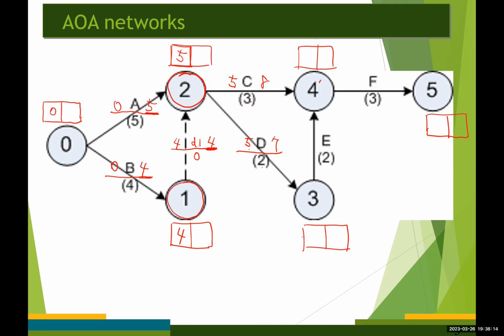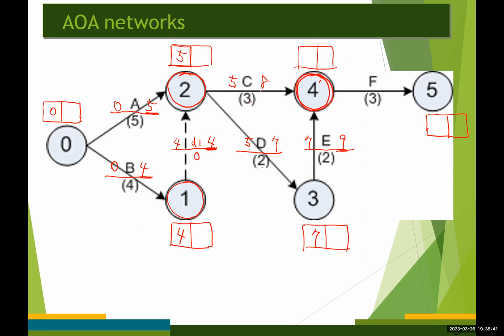So the earliest time for event number 3 is going to be 7, and the earliest start time for activity E is going to be 7. The earliest finish time for activity E is 7 plus 2, which is 9. Again, we need to determine the earliest time for event number 4.